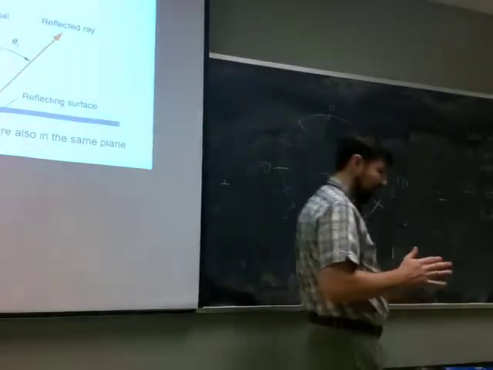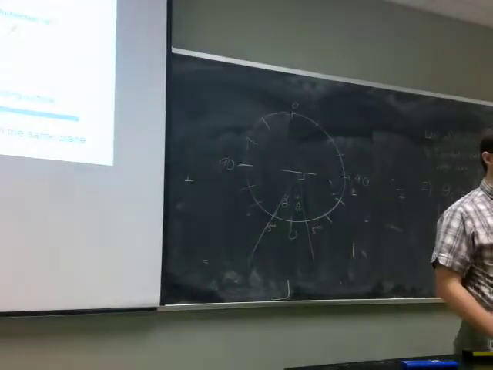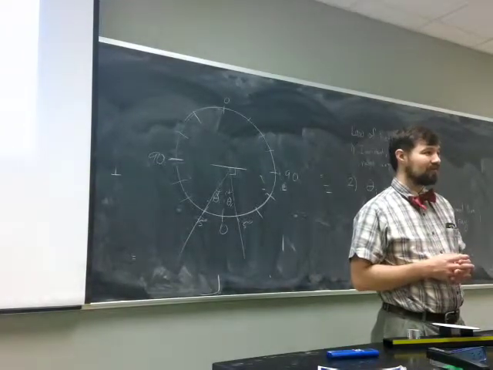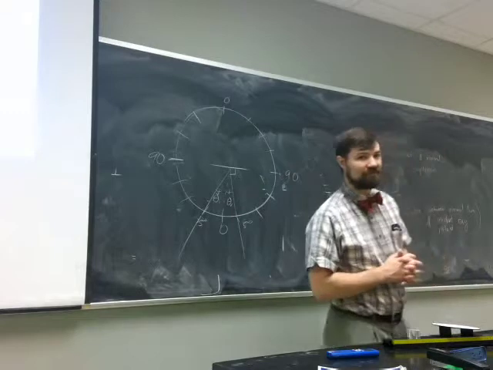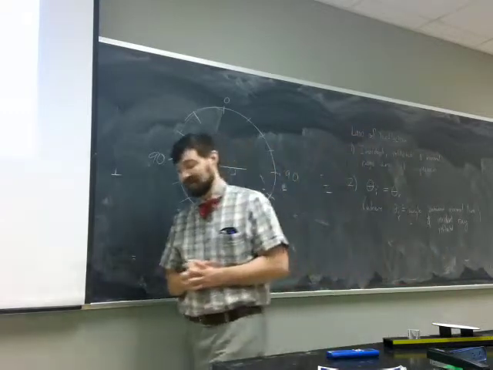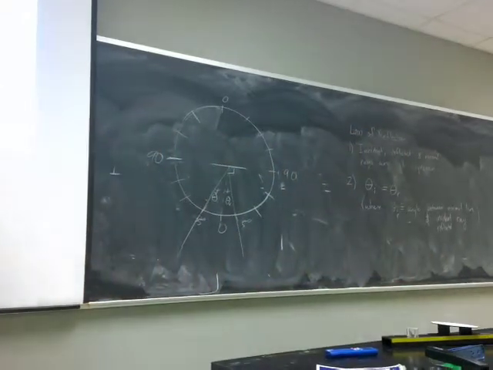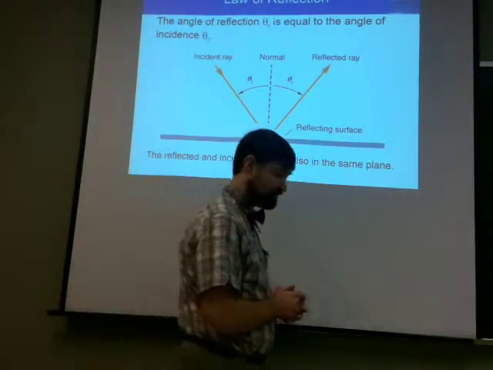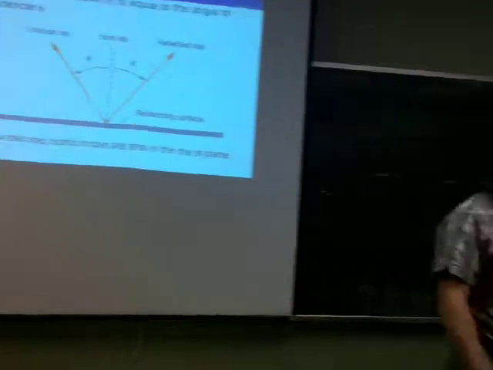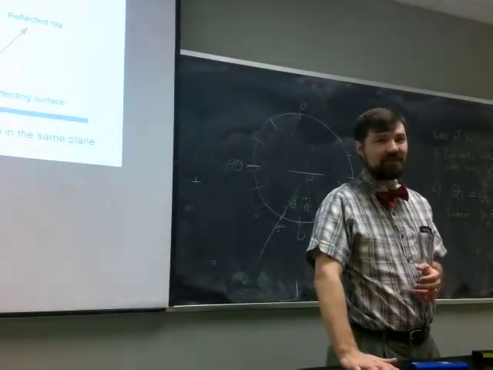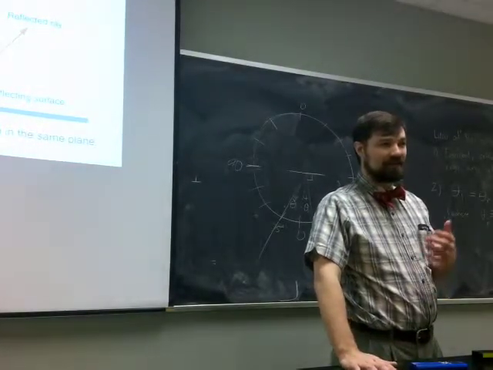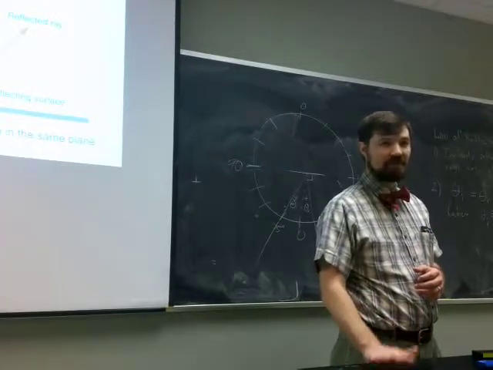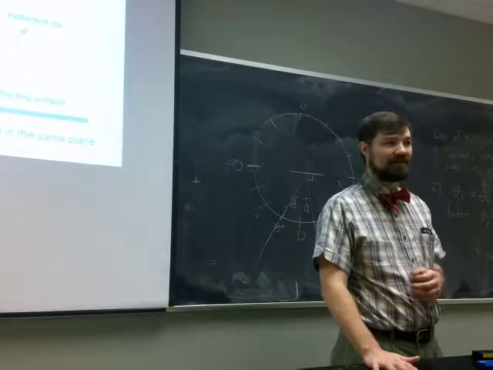We talked earlier in the semester about forces, and I introduced to you the normal force. Does anybody remember the normal force from the forces chapter? I think that was chapter 3. The normal force was the force that exists between two solid objects to prevent them from passing through each other. But it got the name normal because the force always acts perpendicularly to the surface that's applying it.